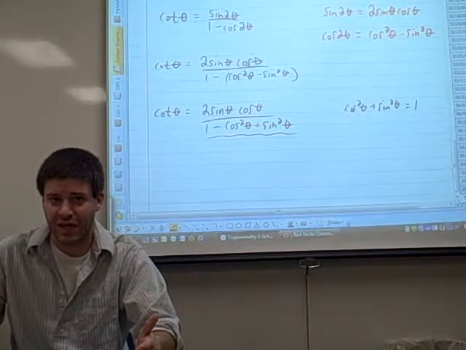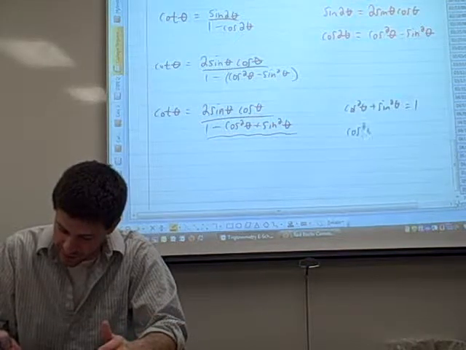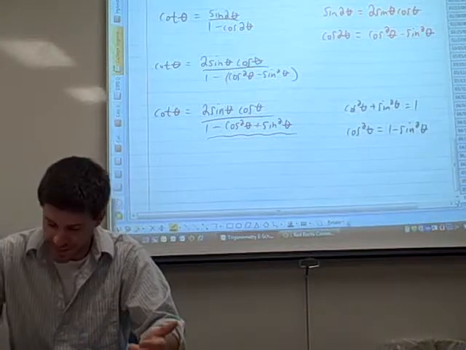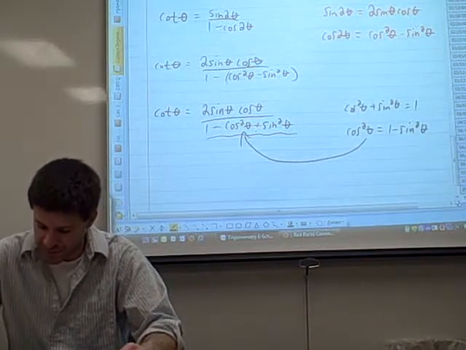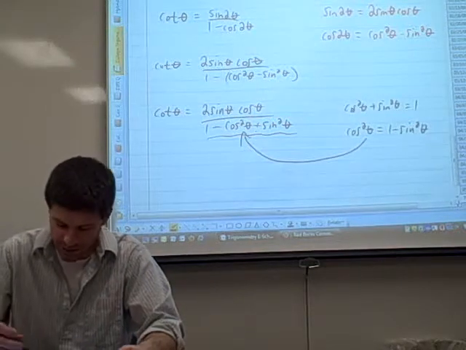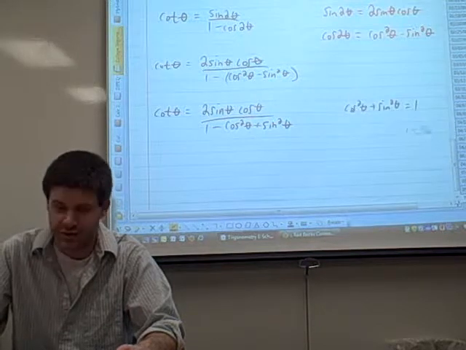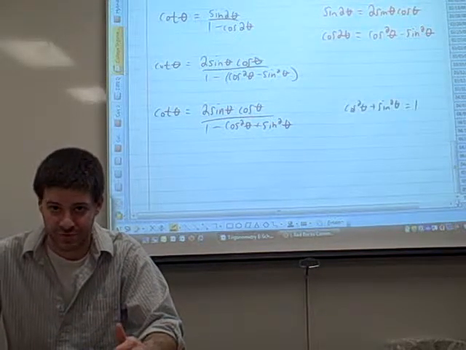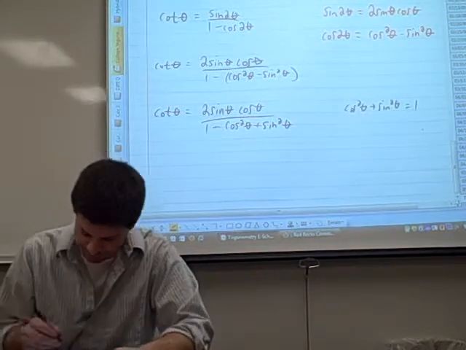You wouldn't be able to substitute that in directly, but maybe what you could do is say, oh, I know that cosine squared is 1 minus sine squared, and then plug that in for the cosine. So a couple different options. Again, no matter what you do, as long as you're not making algebra or trigonometry errors, you should be okay. I'm just going to multiply through the denominator and see what happens.